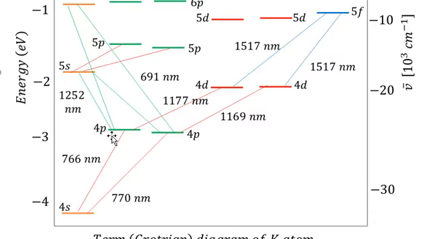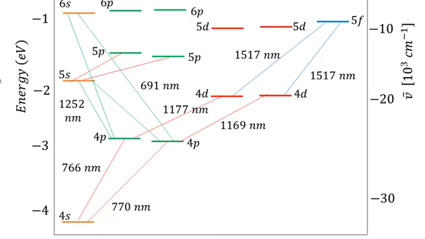Similarly, transitions from 4p to 5s or to 4d are possible, but the transition from 4p to 5p is not possible. So you see that different wavelengths in nanometers have been shown for the potassium atom.